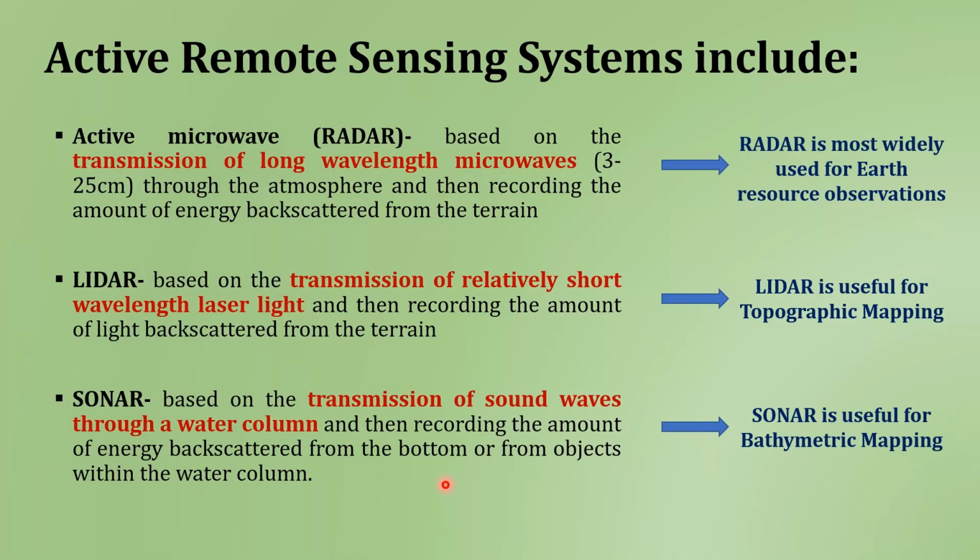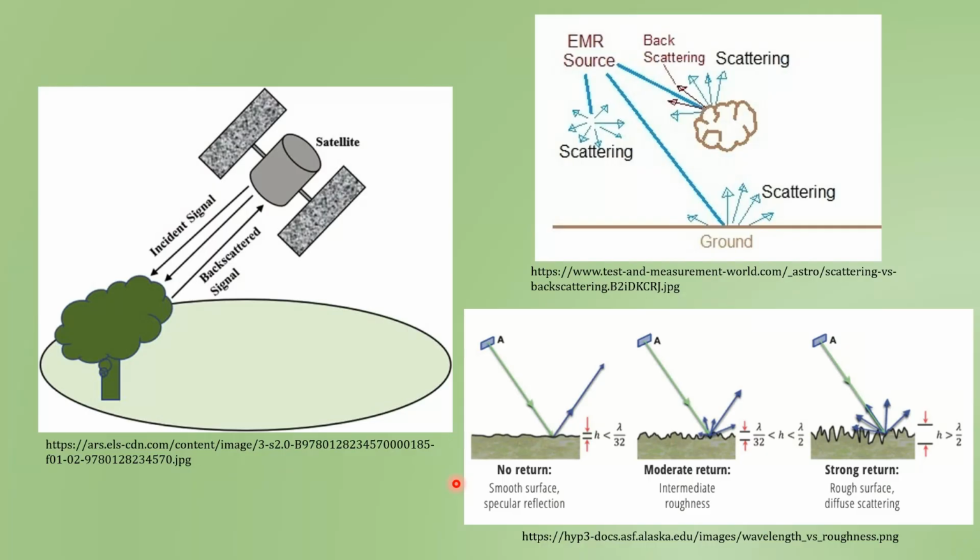It means in an active remote sensing system, the source of energy is on the platform itself, which generates a signal that is transmitted towards the terrain, and then the receiver on the platform records the amount of the backscattered signal.